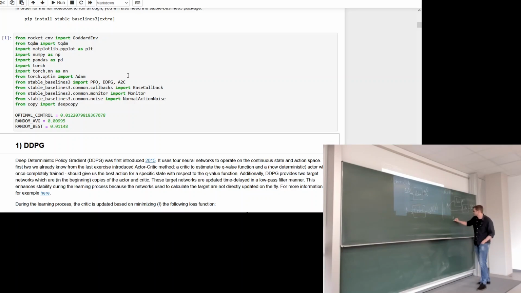So you will just have this update formula: Q_W of X_k, U_k minus R_k plus gamma Q, here we'll put a question mark for later, we will talk about that later, X_k+1, U_k+1, and then squared, right?